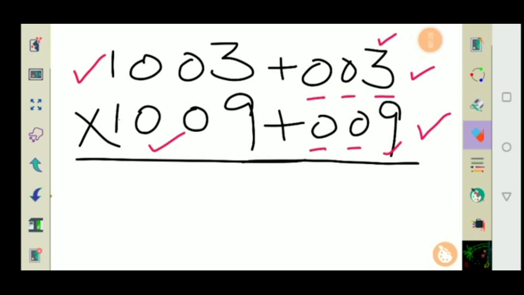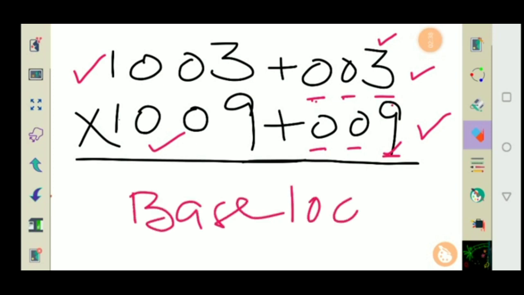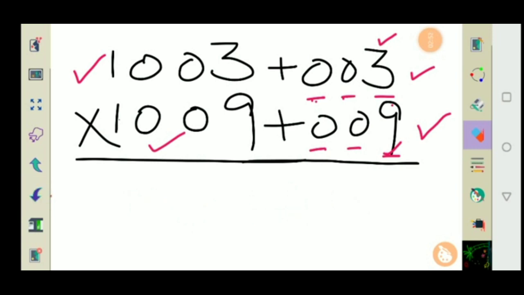And 009. As told in previous videos also, we need the same number of digits as we have zeros in our base. So here our base is 1000. There are 3 zeros in the 1000. So I will be writing 3 as 003, not only 3. And similarly, I am writing 009 and not 9.